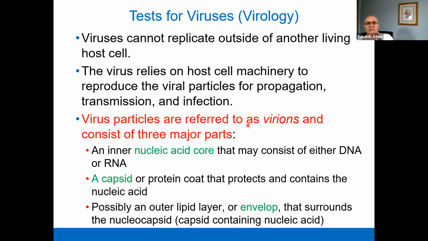Virus particles are referred to as virions and consist of three major parts. These are nucleic acid core, capsid, and envelope. But they need to live on a host in order to use the DNA of the host to grow, okay, to replicate.